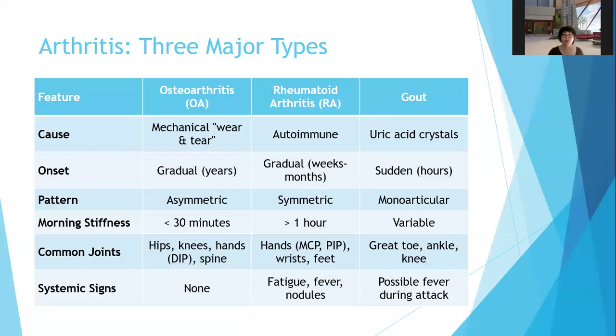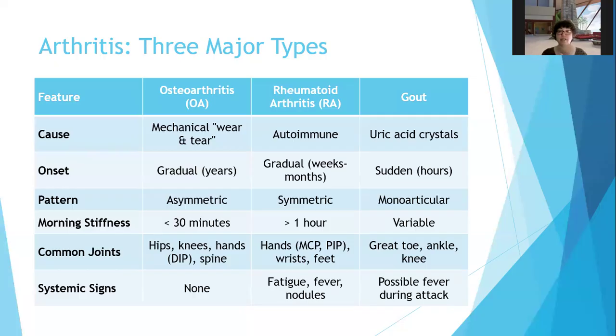Hip and knee replacement are the two most common elective surgeries in the United States, and you will see tons of hip and knee patients in whatever setting you work in physical therapy. Total knee arthroplasty and total hip arthroplasty. Hands are common areas because we're using them a lot.